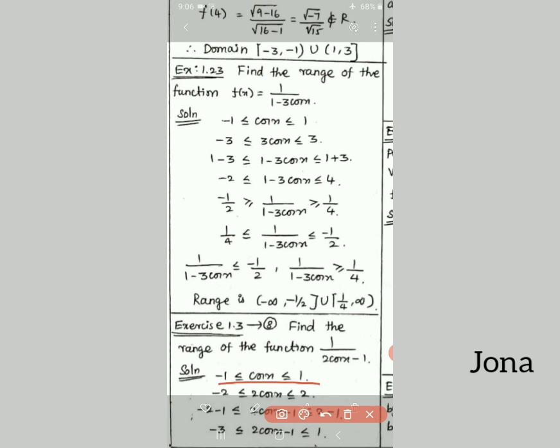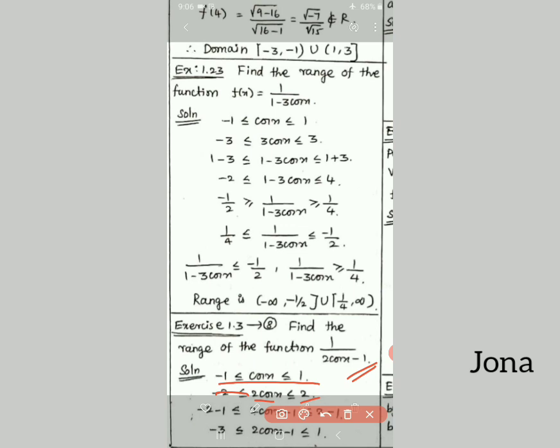In this problem I got 2 cos x, so I want to multiply the whole inequality by 2. So I got minus 2 less than or equal to 2 cos x less than or equal to 2. And in the problem I got 2 cos x minus 1, isn't it? So I subtract 1 from the whole inequality.